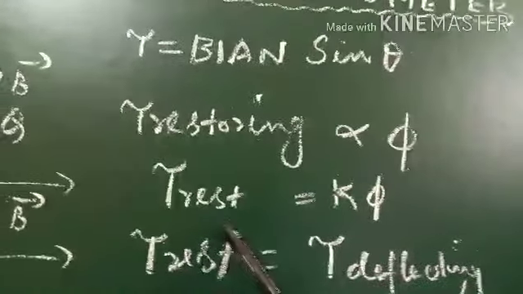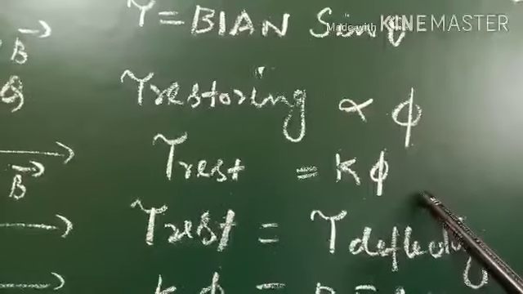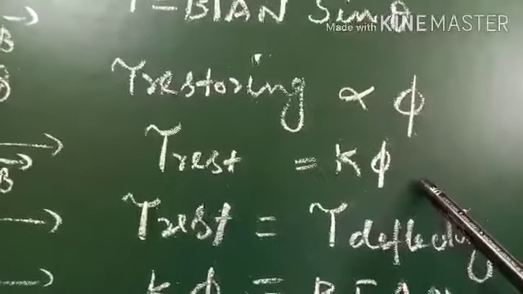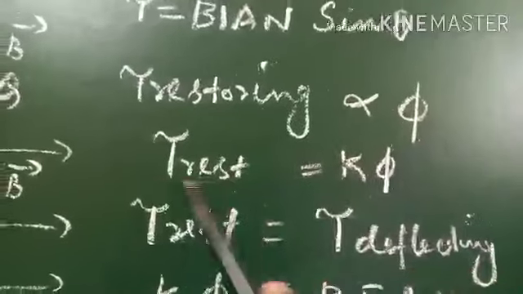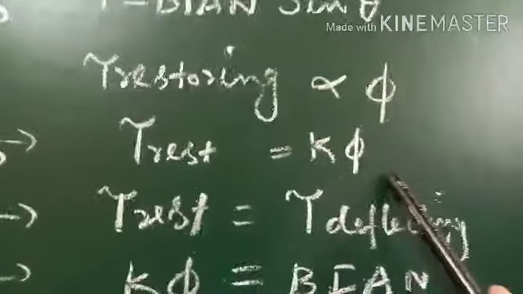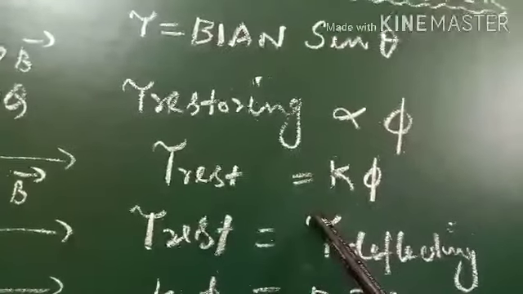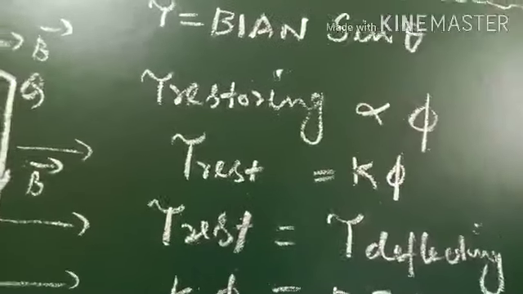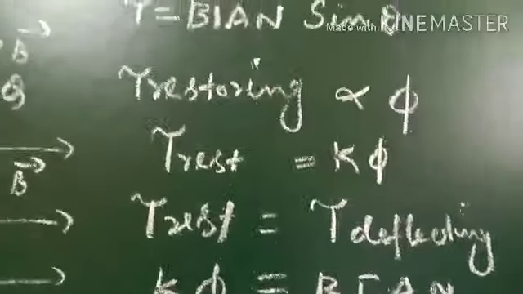So restoring torque is equal to K phi. What is this phi, children? The angle through which the coil was rotated. And this K is a constant known as the torsion constant of the spring. That means it is the torque required to produce unit deflection, unit angular twist.